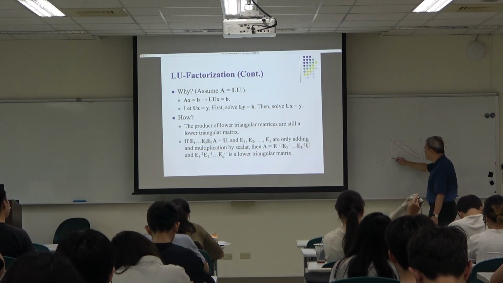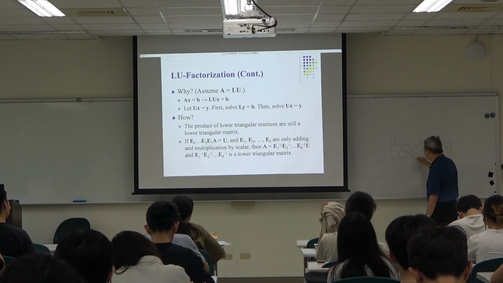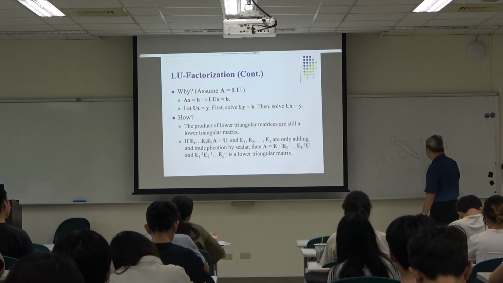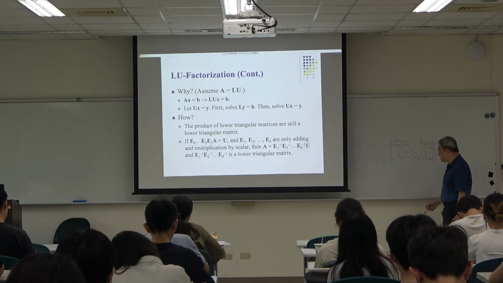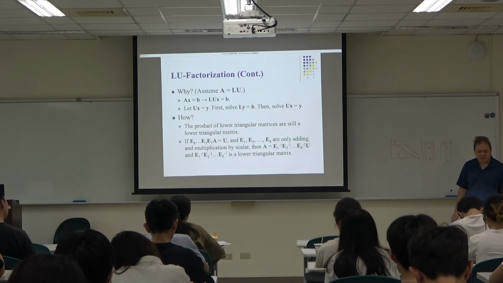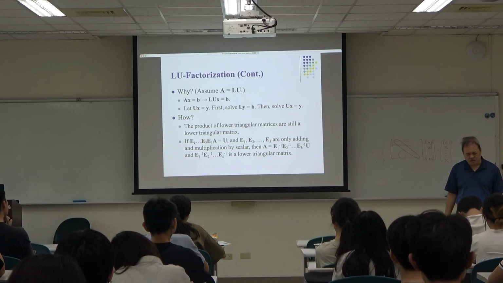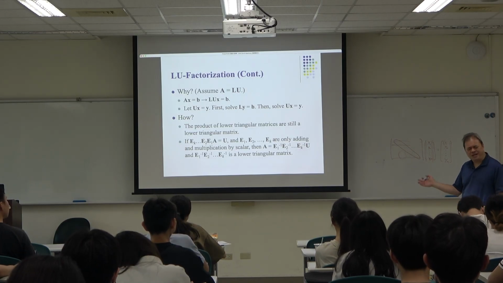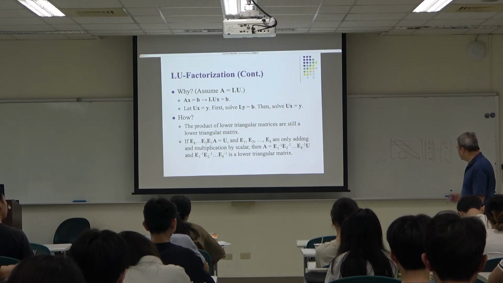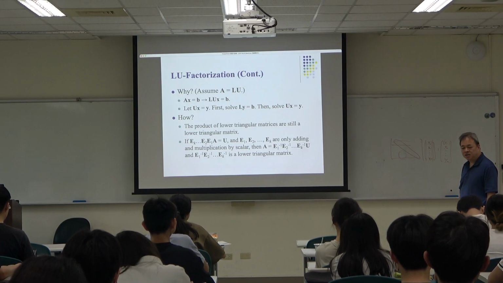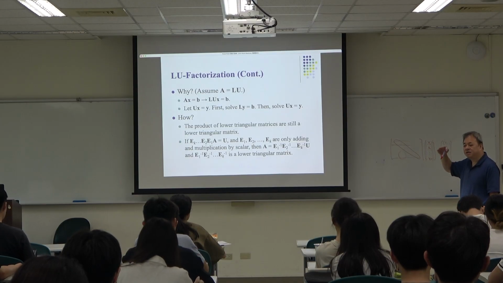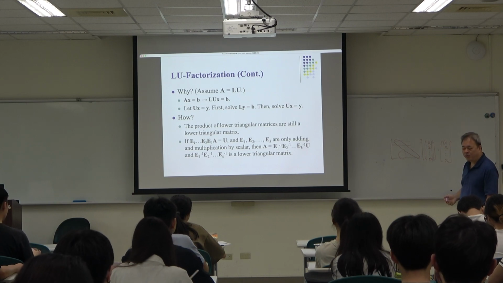You try to solve the last equation. You can obviously see that except the term xn, all the other terms are zero on the left hand side. So you can easily get what xn is, and you can do it from the bottom to the top. You get those xi one by one.